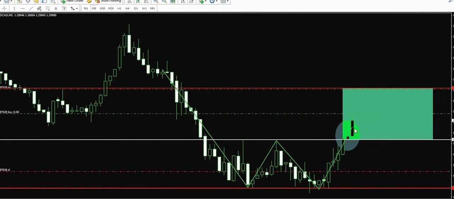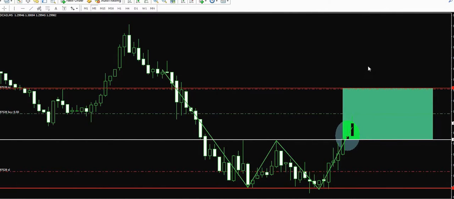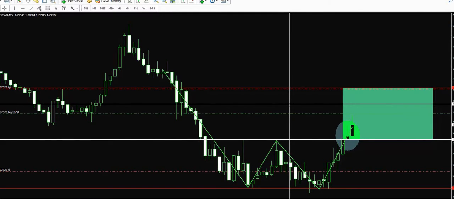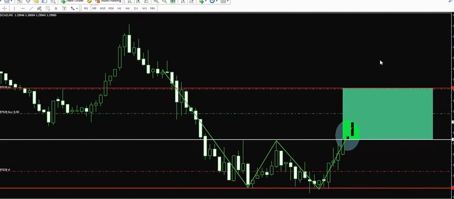Okay, as we see, the price action is currently approaching our entry point on the chart. So soon we will break even. Okay, let's pause the video for a while and get back to see what actually is going to happen in this trade.